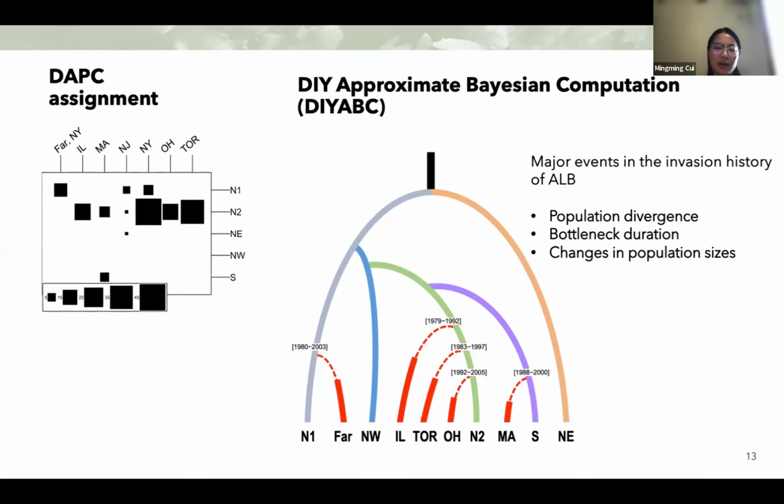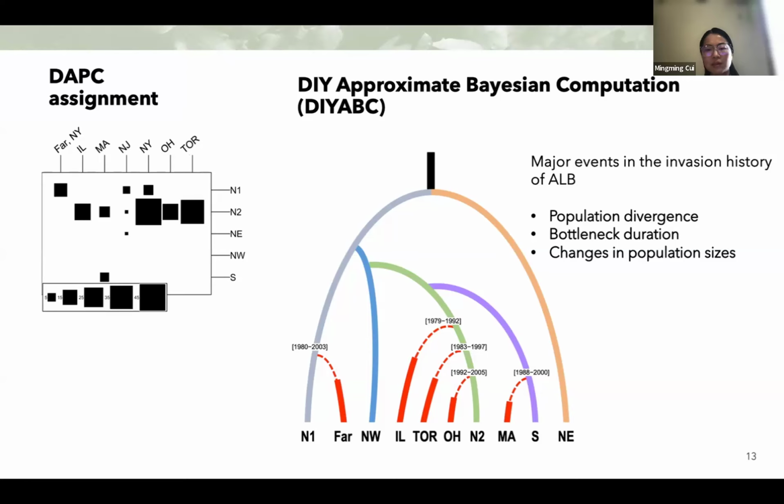Bottleneck. I'm not sure if the audience is well versed in population genetics. So bottleneck is a common process during invasion.